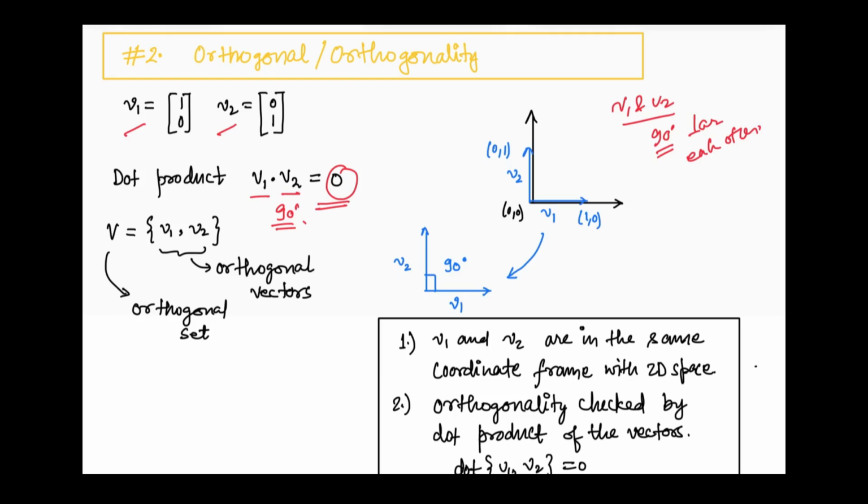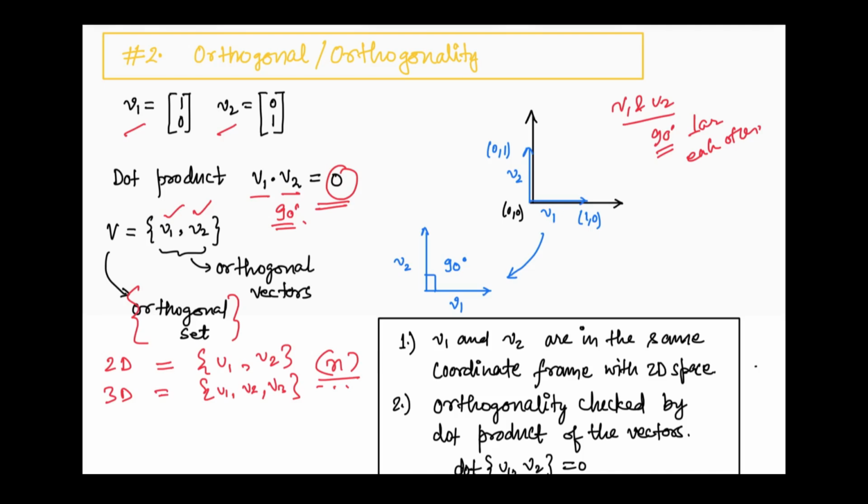And a set of vectors where the elements are vectors and all the vectors are orthogonal to each other is called an orthogonal set. So in the case of a 2D space, we have only two vectors in the orthogonal set, v1 and v2. In three-dimensional space, we will have three vectors, v1, v2, v3, and similarly in n-dimensional space, we will have n vectors.